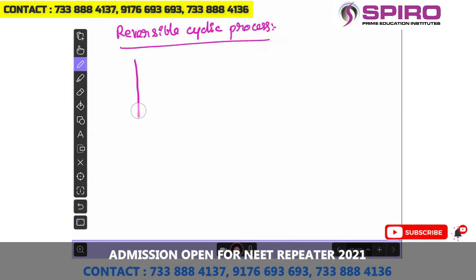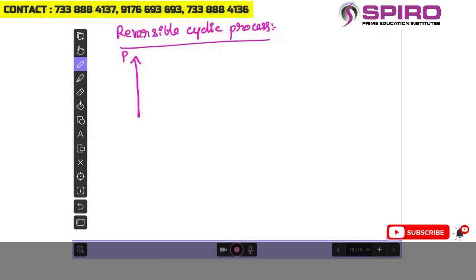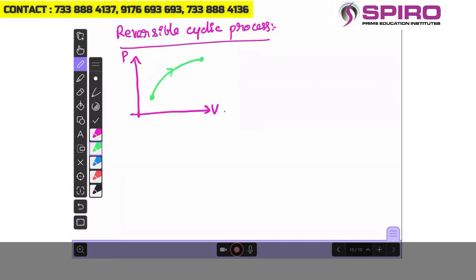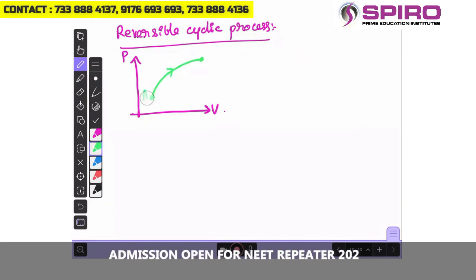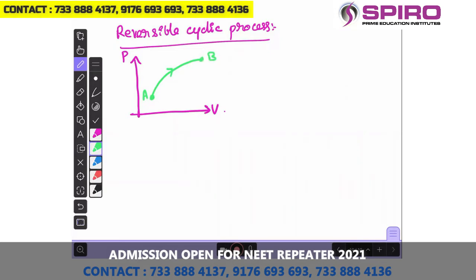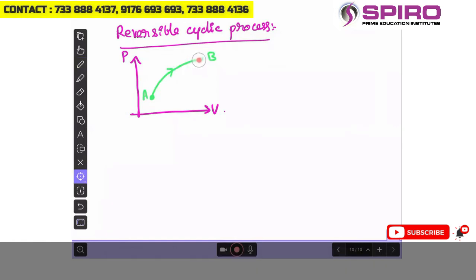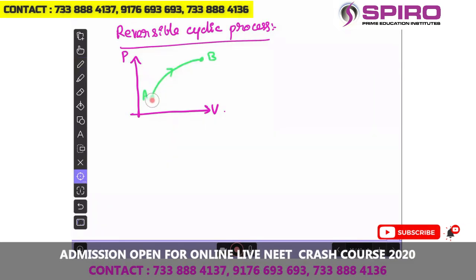Reversible means it's very simple. Take the PV indicator diagram. In this PV indicator diagram, let us consider a path in which the system is going from A to B. Whatever points it goes through on the volume expanding side, it retraces the exactly same positions and comes back to the initial position.